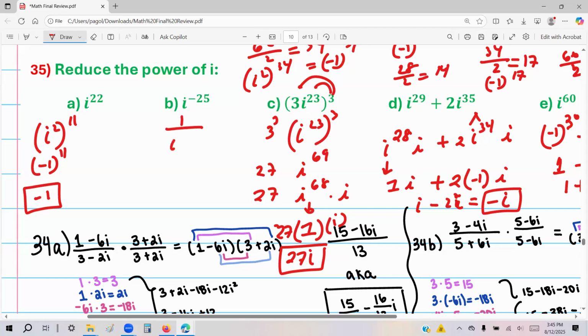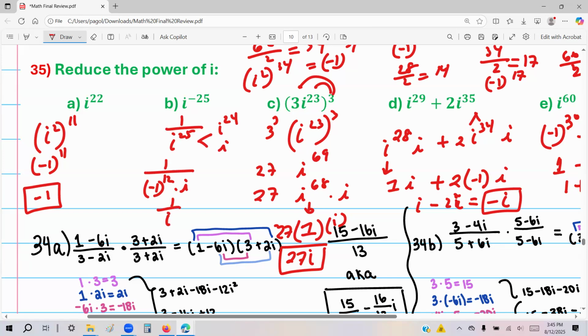So it's 1 over i to the 25. So this is 24. And what is half of 24? 12. So 1 over negative 1, 12 times and i. So negative 1, 12 times, what do you have? i.